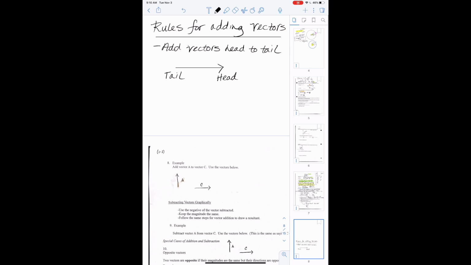When we do this, you can pick the vectors up and move them to place them head to tail.